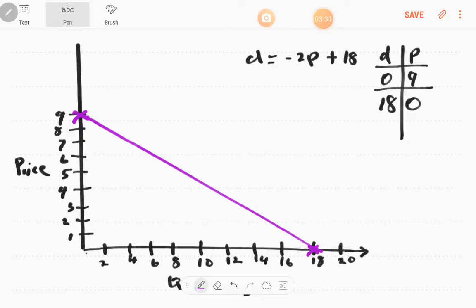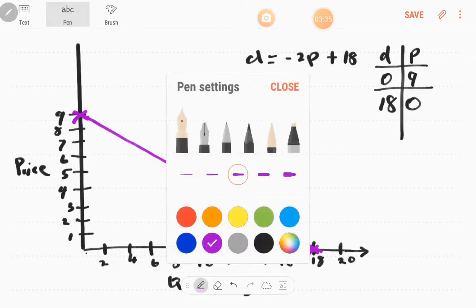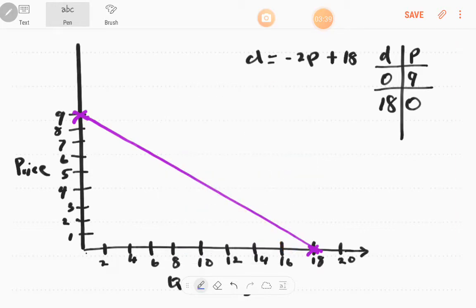Okay, so now suppose we were asked what is the quantity demanded when the price, say the price is 2. So what would be the quantity demanded when the price is equal to 2?